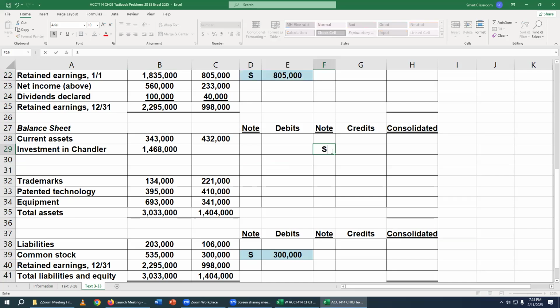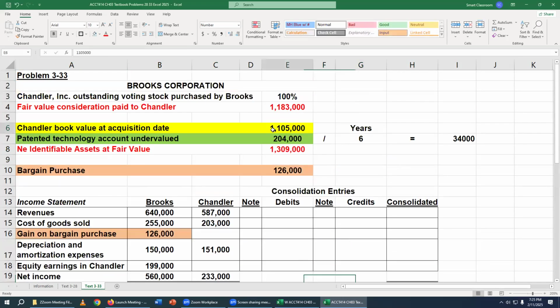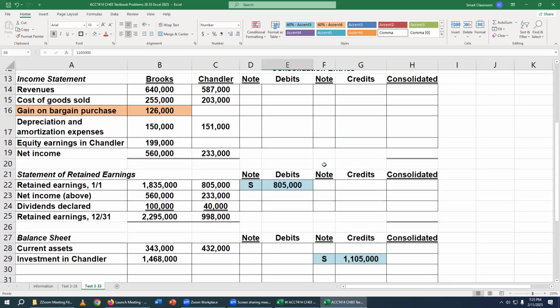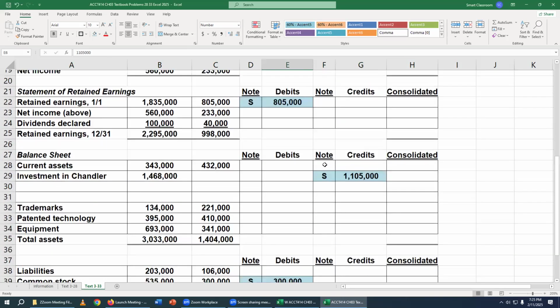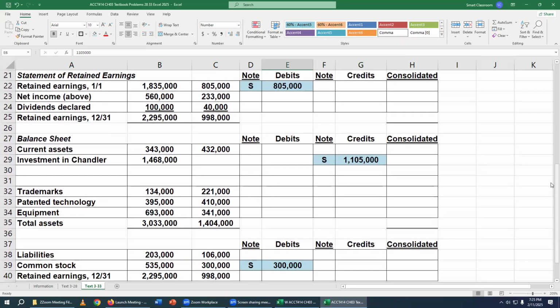Okay, so we have a stock. And that's the 105,000. Again, at book value, it's going to be exactly the same as the net assets at book value.